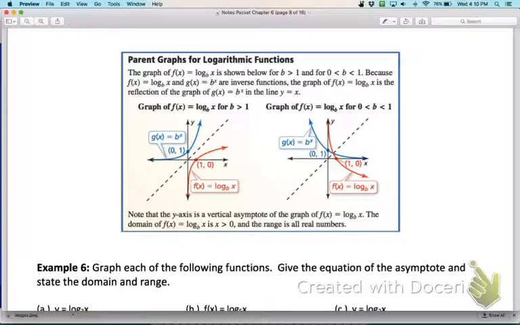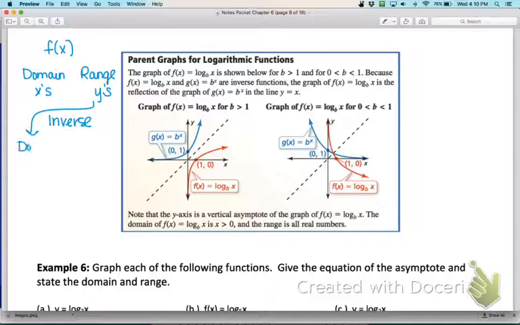The last thing we're going to look at in this section is how to graph a logarithmic function. Now, in order to do that, we're going to have to call back on our knowledge of what we know about inverses. So remember that if I have a function f of x, and I have its domain, which is going to be all the possible x's, and I have its range, which is going to be all the possible y's, then everything about that, when I do the inverse, is going to switch.